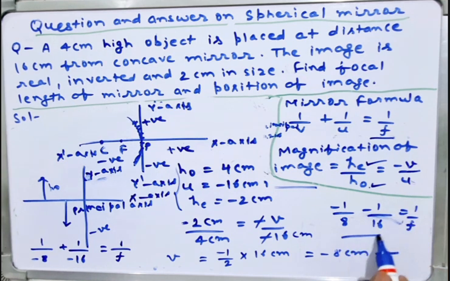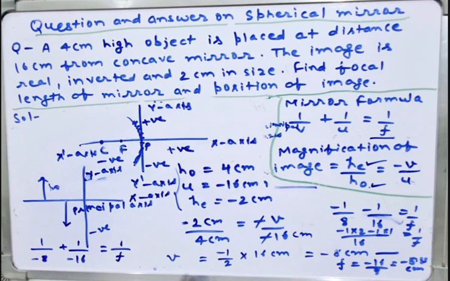Okay, so the LCM is 16, this is 1 into 2, and this is 1 into 1, equal to 1 by f. Okay, so you will solve this one, you will get here f equal to minus 16 by 3, which is minus 5.33 centimeter.